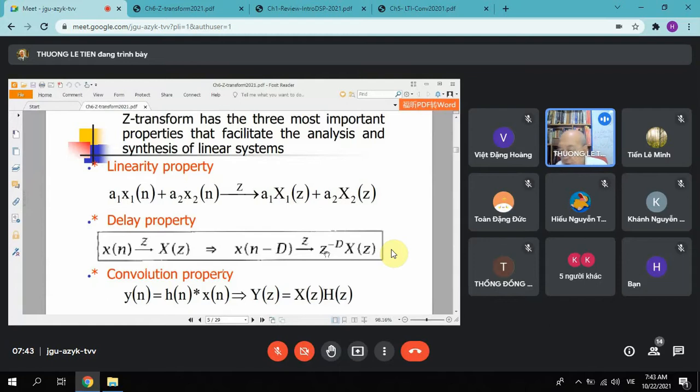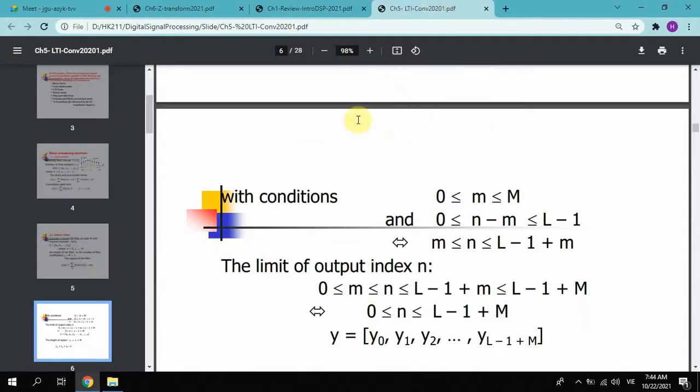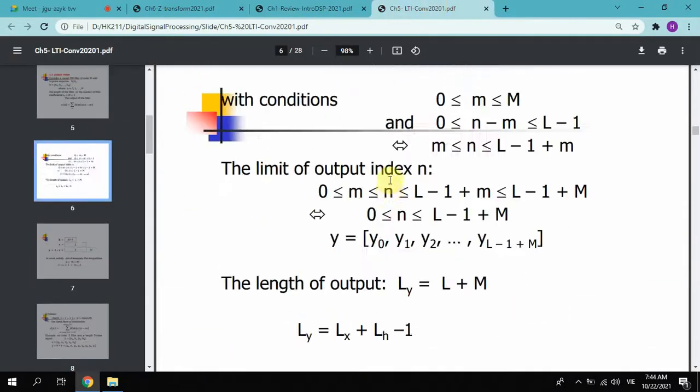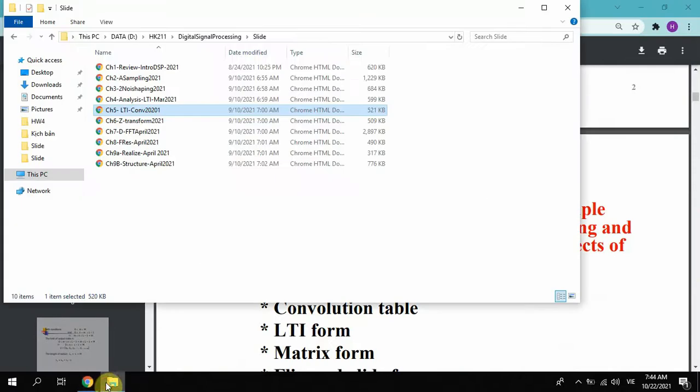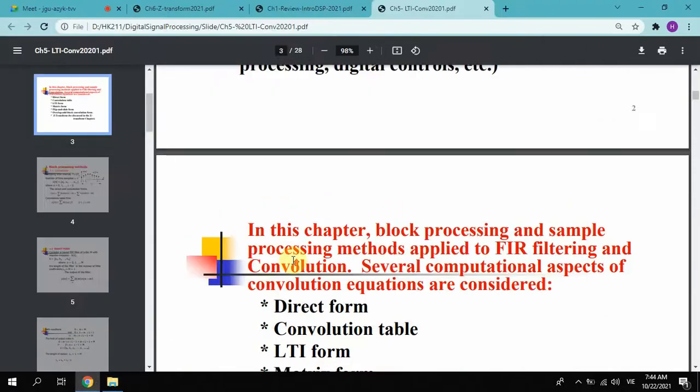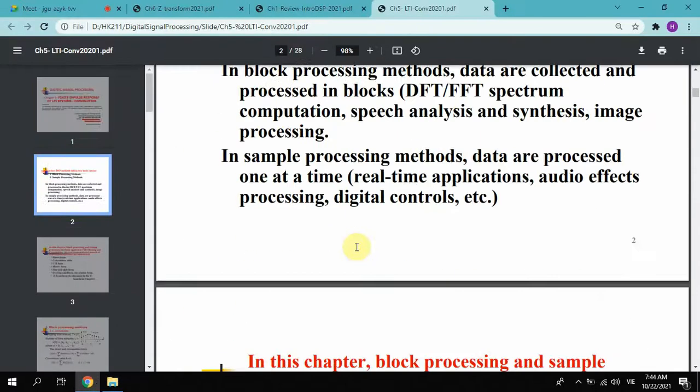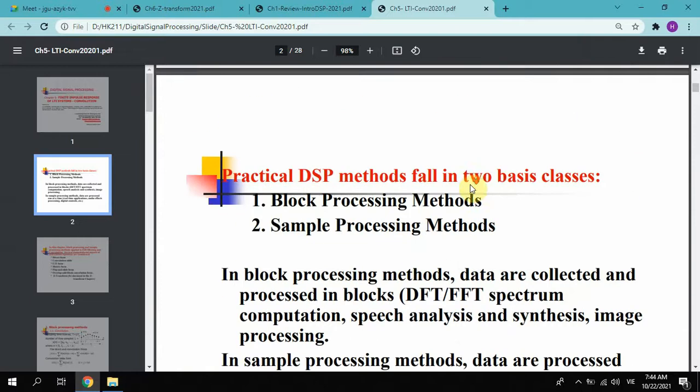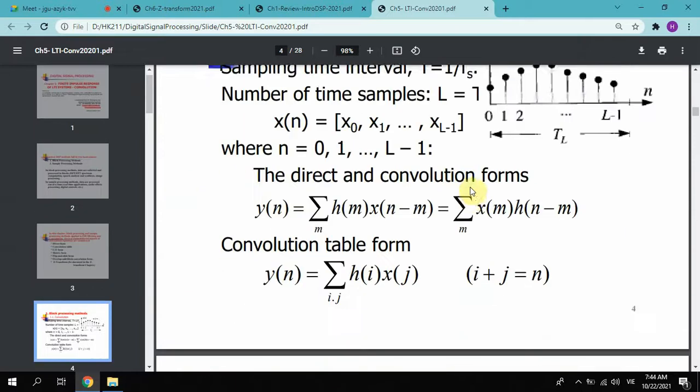If we substitute z by e to the power of j omega, we see how similar it is to the case of the DTFT, the Fourier transform. And the convolution. Bear in mind the 3 important properties of the Z transform, which also hold for all signal transformations.